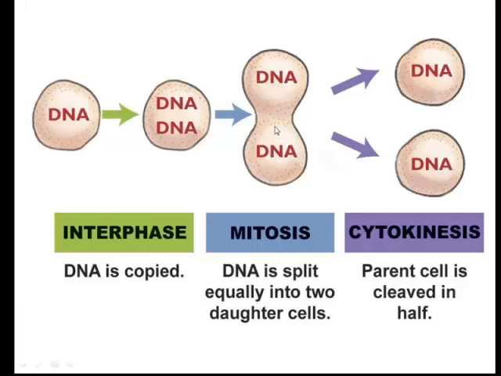But these 2 daughter cells at this stage remain attached at this point, and the process of complete separation into 2 individual cells, removing this connection, is cytokinesis dependent. So under the effect of cytokinesis, the parent cell is cleaved into halves, and we obtain 2 separate cells.